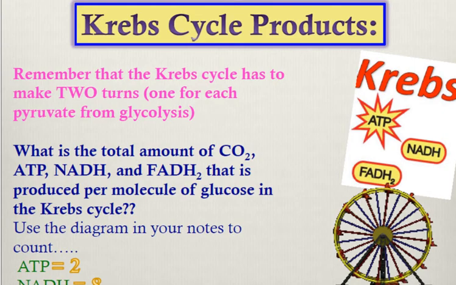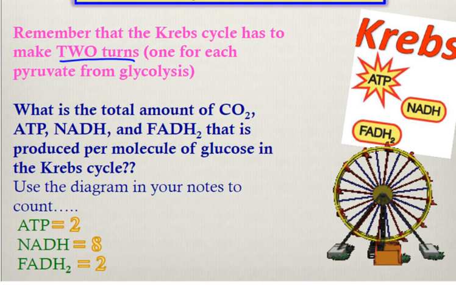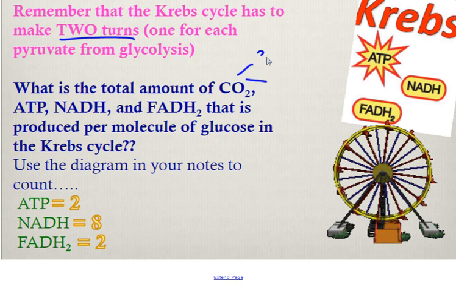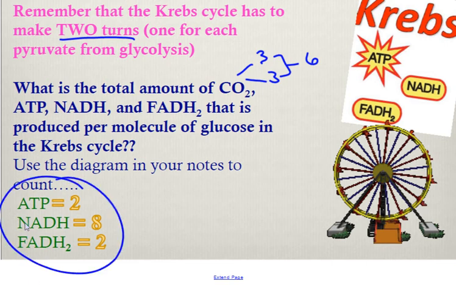Or majority of our ATP, should I say. So 2 turns, 1 for each pyruvate. The total amount of things produced is, remember, we are unleashing 6 of these. Remember our reaction for photosynthesis, 3 at each turn. But more importantly, what are we gaining?